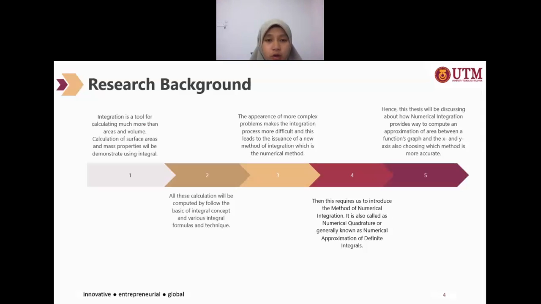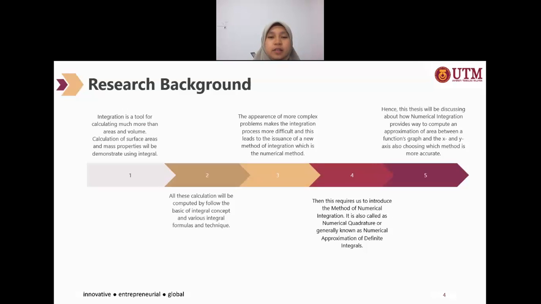The appearance of more complex problems makes the integration process more difficult, and this leads to a new method of integration, which is the numerical method. This requires us to introduce the method of numerical integration, also known as numerical approximation of definite integrals.